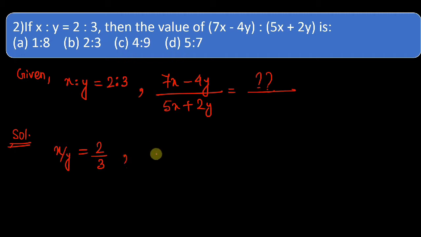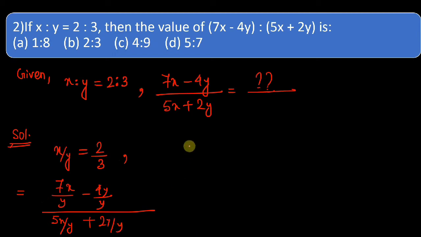Now we will divide the given expression by y and get the respective values. So we will write 7x by y minus 4y by y, whole by 5x by y plus 2y by y.